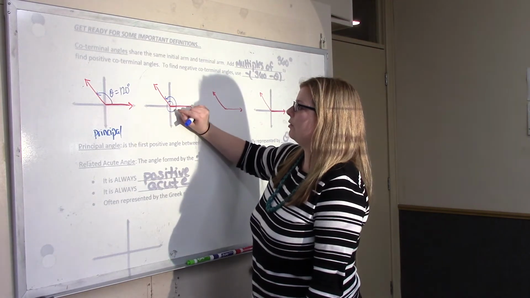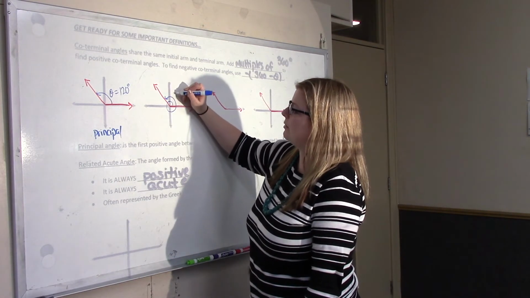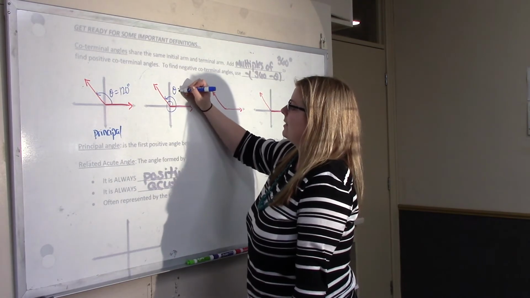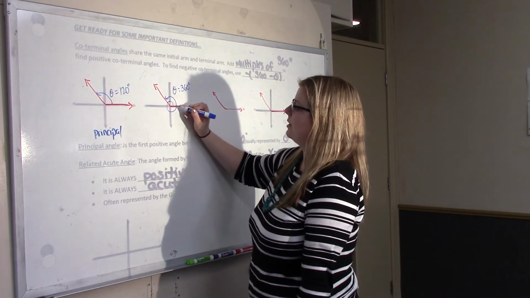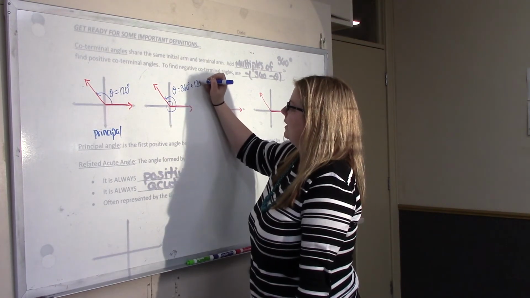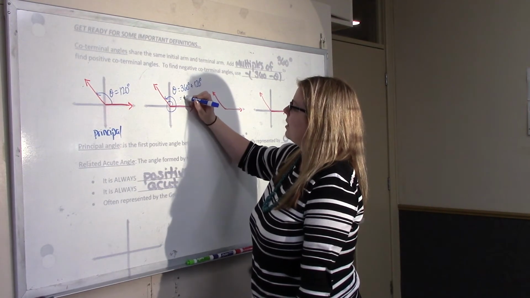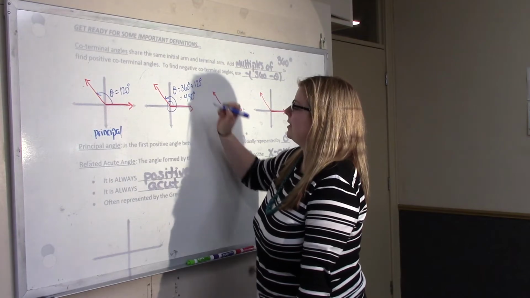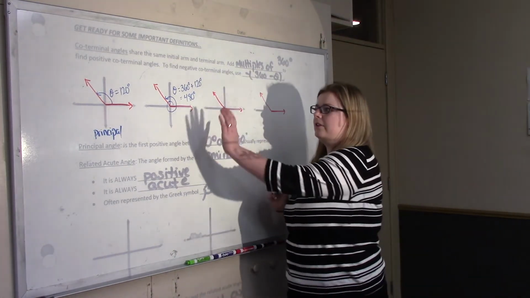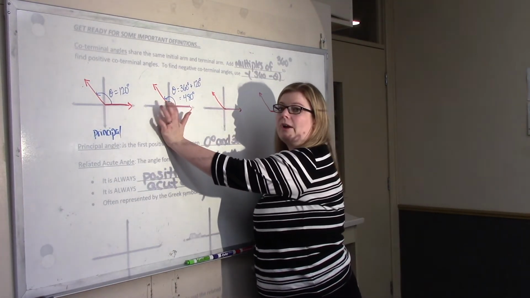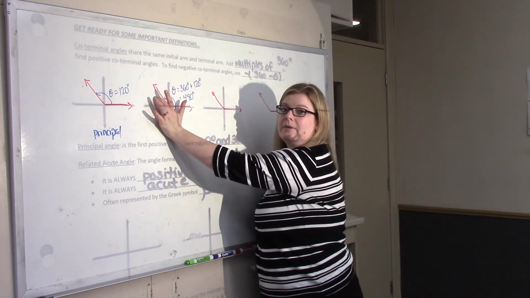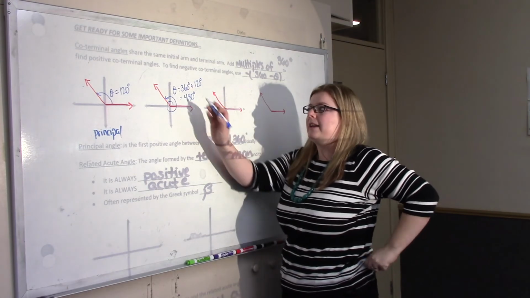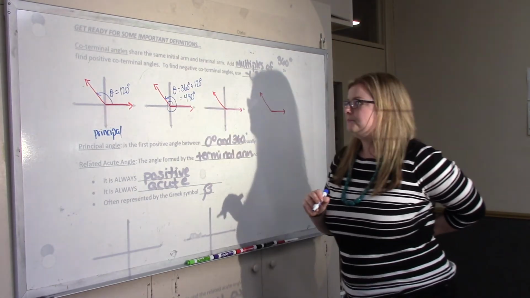So it's gone around the circle once, and then all the way to this. So this positive is 360 degrees, which is the first circle around, plus the 120. So you get 480 degrees. So if you were to draw 480 degrees, you would have to go all the way around once to 360, and then add another 120, which would end up in quadrant 2, since it's between 90 and 180.